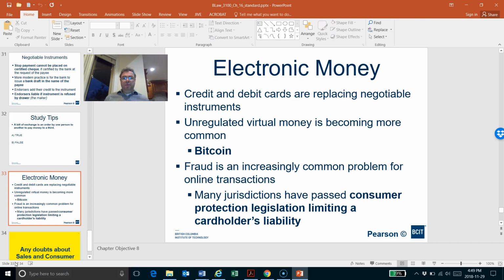We also have virtual money that is becoming more and more common. I think Bitcoin just completed its 10th anniversary this year, but they are still unregulated. Some countries are starting to regulate, others not yet. So there's a lot still to take place with regards to virtual money.